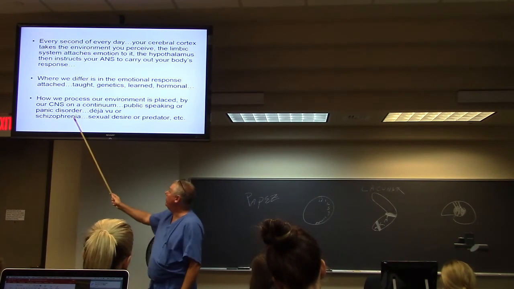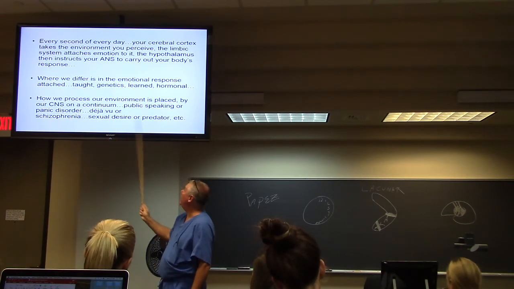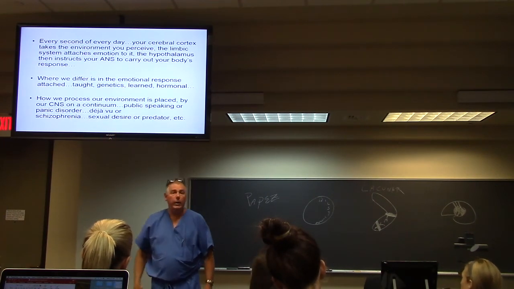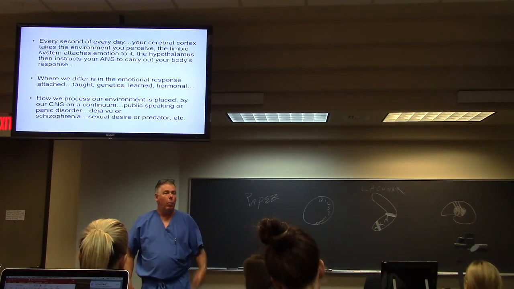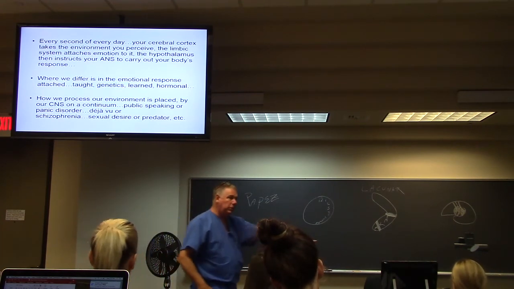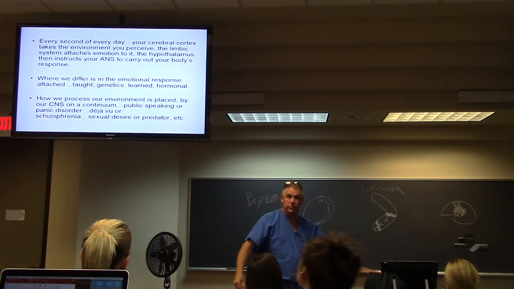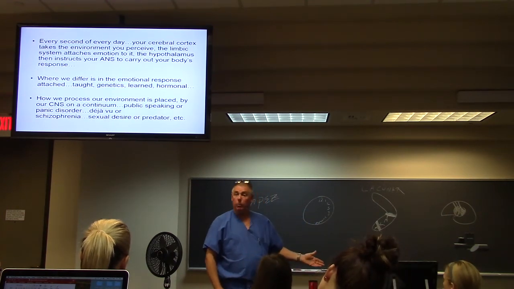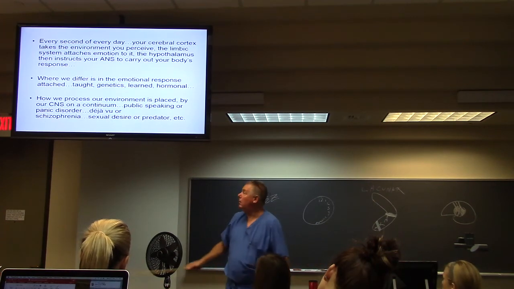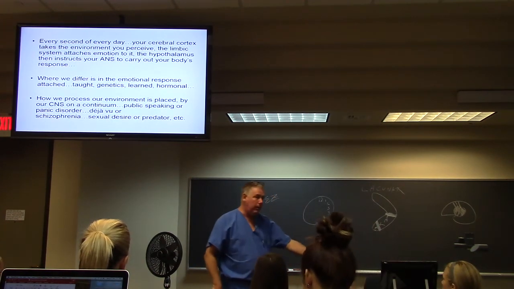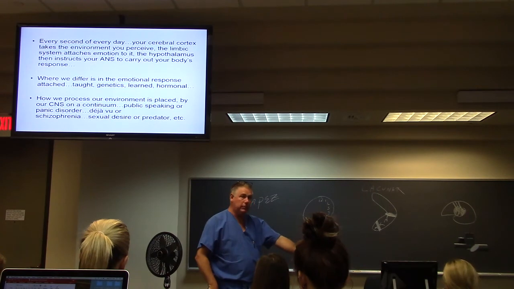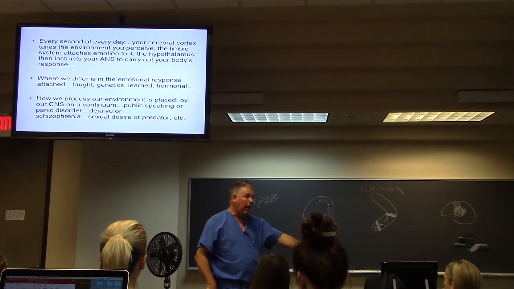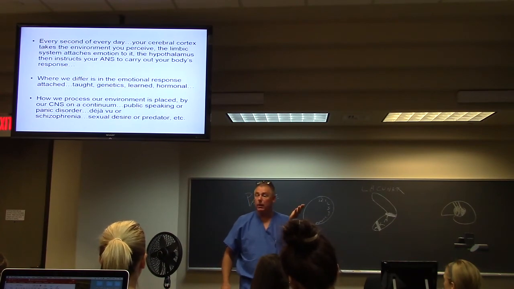Let's hang on to this one for just a second. Let's look at this one right here. What is going on here? Why is it that if you put a small child in front of us, we see that as a small child? Our cortex has seen our environment, our limbic system has attached an emotion to it.